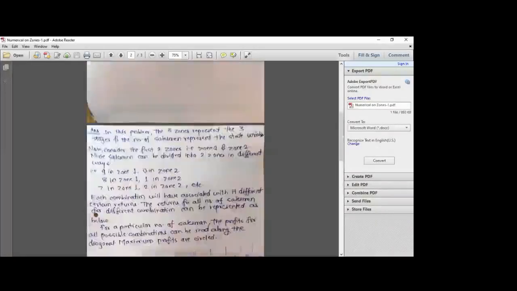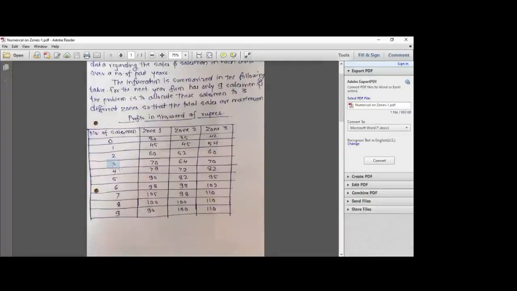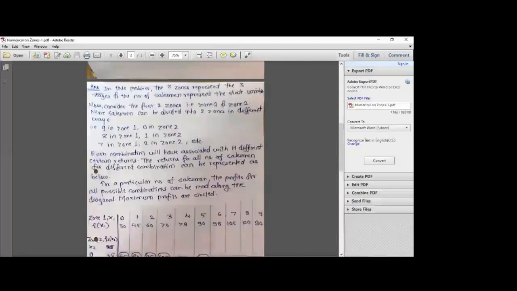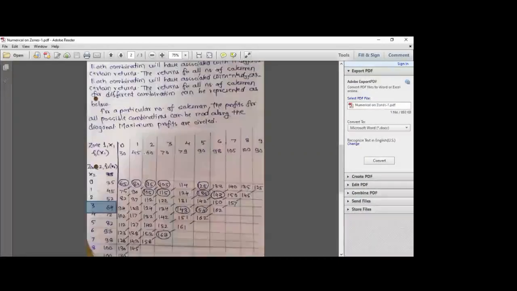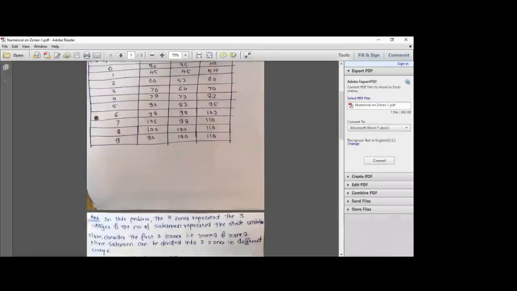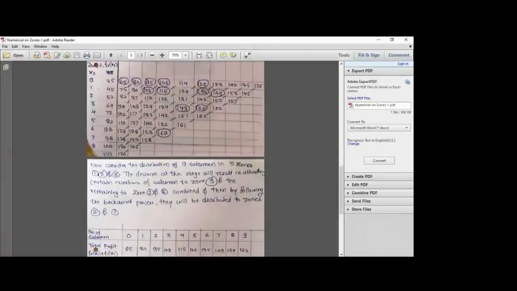For example, if I'm putting 3 salesmen in zone 2, my profit is 64. Similarly, if there are 8 salesmen, the profit is 100. So all these numbers of salesmen, along with their profits, are represented in the vertical manner.